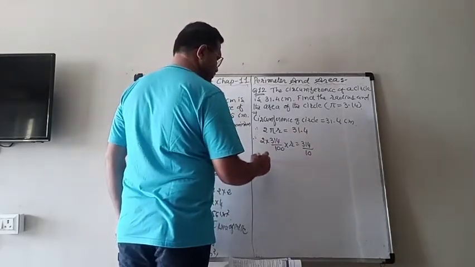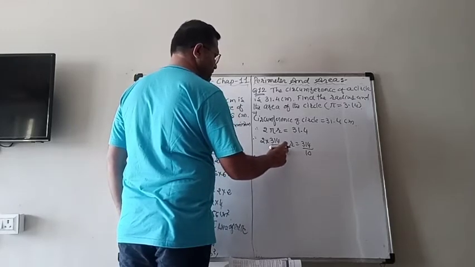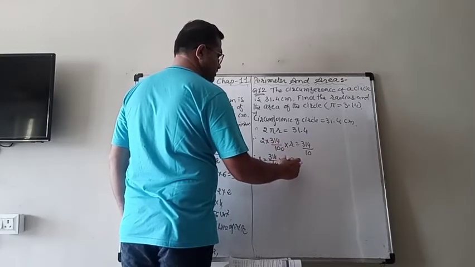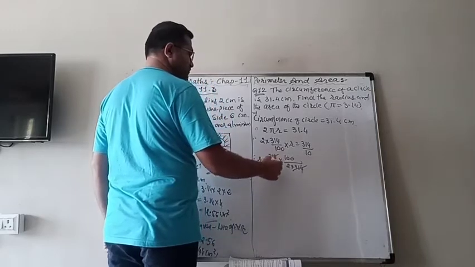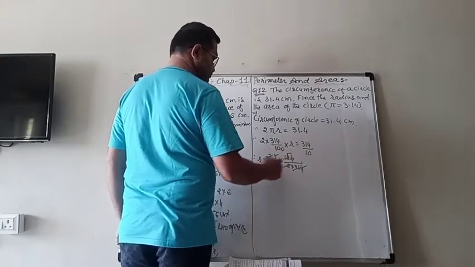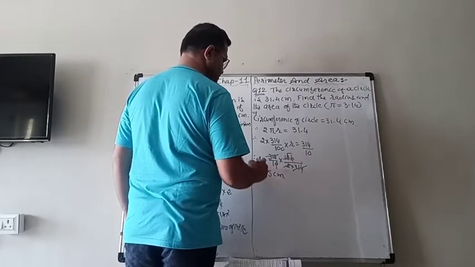So r is equal to 314 upon 10 multiplied by 100 upon 2 times 314. So 314 is cancelled, 10 is cancelled, 2 fives are 10. So we get radius r is 5 centimeter.